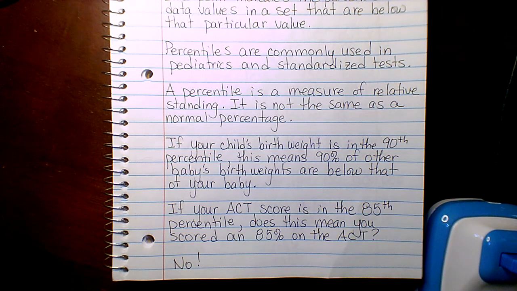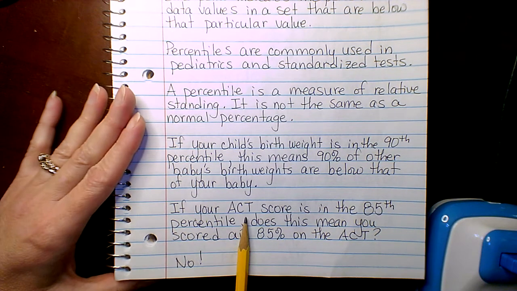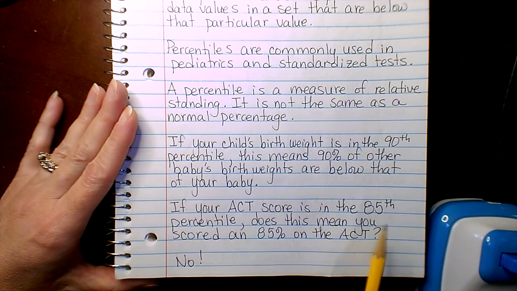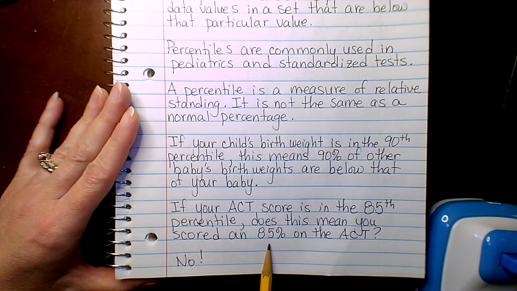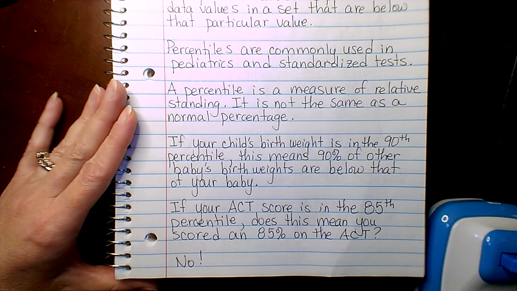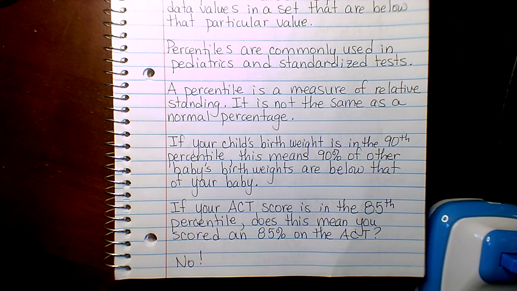Percentiles tell you nothing specific, just how you relate to others in that same group. So for instance, your ACT score. Let's say your ACT score is in the 85th percentile. Does this mean you scored an 85% on the ACT? No. This tells you nothing about your score.